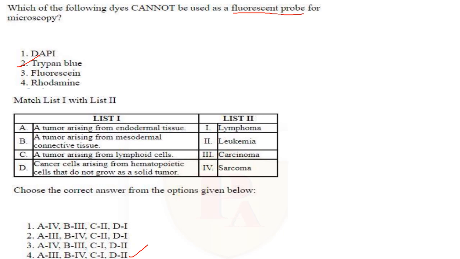Lymphoid cells is lymphoma, and cancer cells arising from hematopoietic cells that do not grow as a solid tumor, that is leukemia. Answer is option 2. And the answer here is as per the given statements. Correct answer is A3, B4, C1 and D2, that is option 4. Answer is option 4.